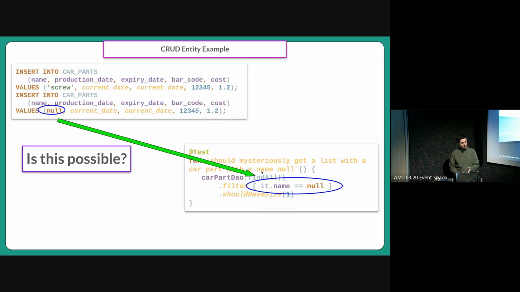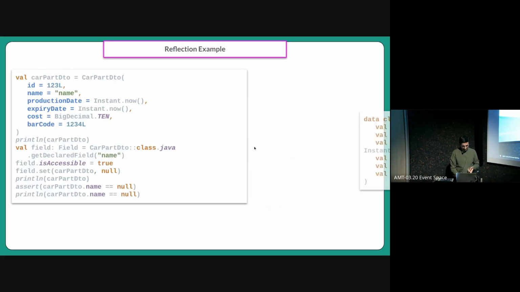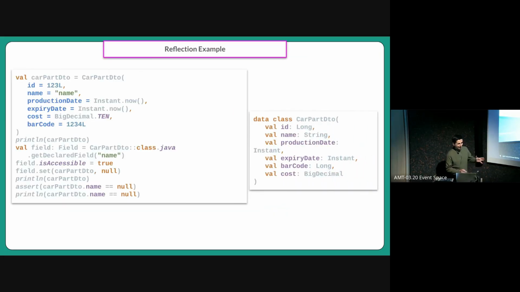The name, which is supposed to be not nullable, gets a null value. And we can see this with another simple example, because I'm trying to make a point here. In this example I'm specifically using reflection to set a null value on this car part DTO. Here I'm working separately, without using Spring or anything like that.